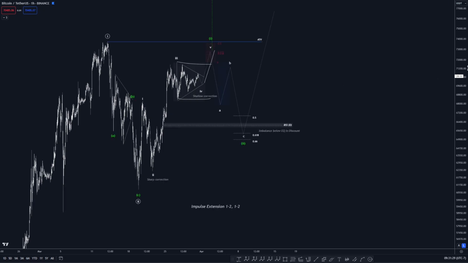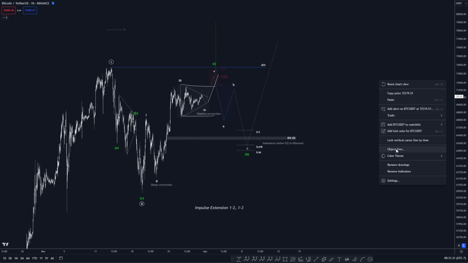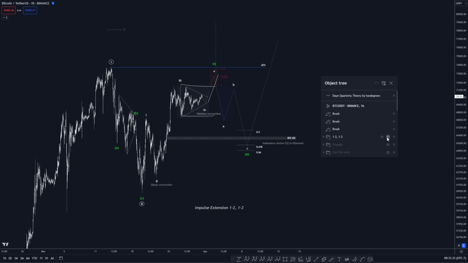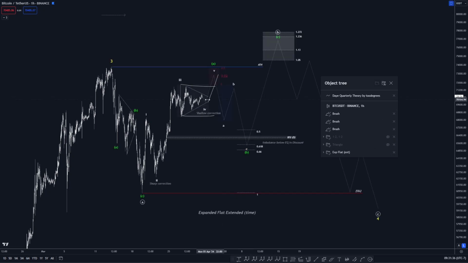Either the bullish 1-2, or we'll be following the expanded flats, where we pushed up for an A instead of a 1. So really, it's just about managing expectations, whether it comes to time, structure, and the levels and price that we expect to be hit, and how we expect them to be hit.